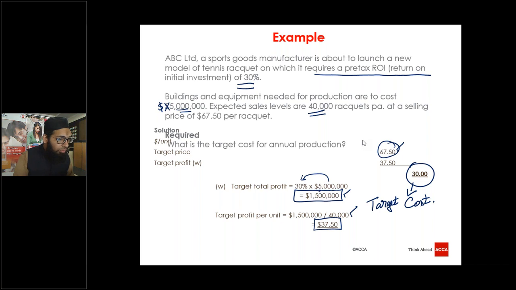So the main point is to identify a target cost, you have to subtract the estimated target profit from an estimated price. And the calculation of target profit in this example is based on ROI. So we have to look for the information in the question. Rather than just make a formula for ourselves and fix it that the profit will always be on markup or margin. So that won't be the case always.